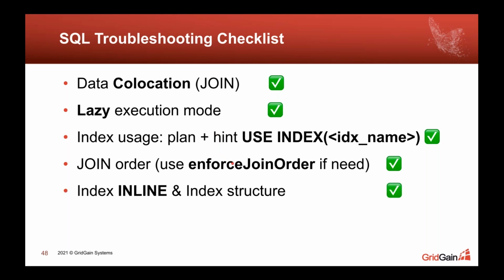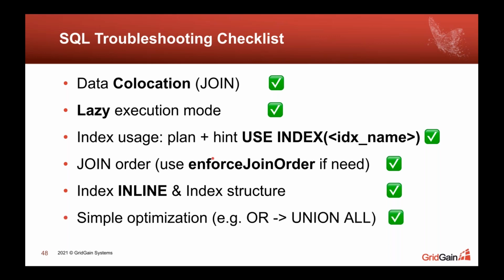Index inlining and index structure. To avoid additional page lookups, I mean, to avoid going to the value and just stay inside of an index, it's really useful to have your inline size tuned correctly. And of course, index structures, selective fields first, don't forget about that.